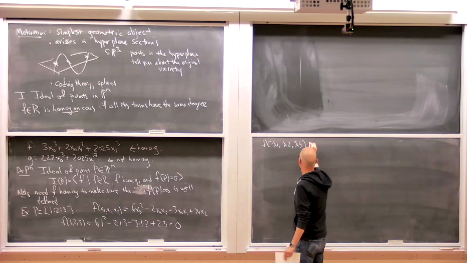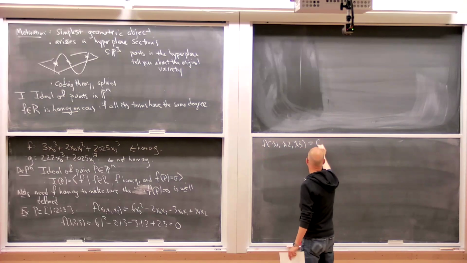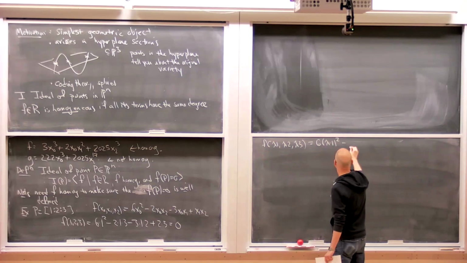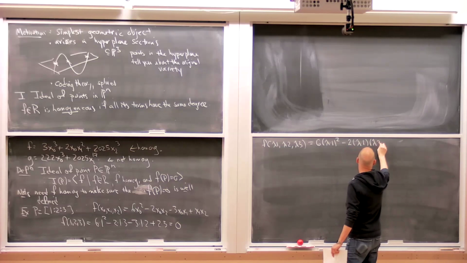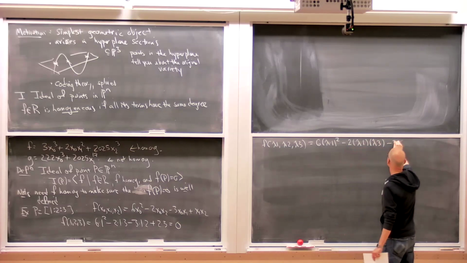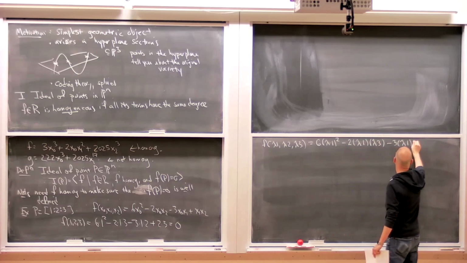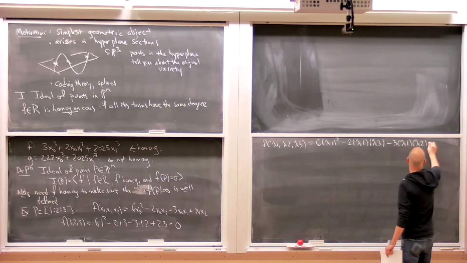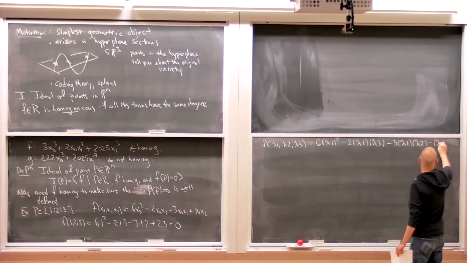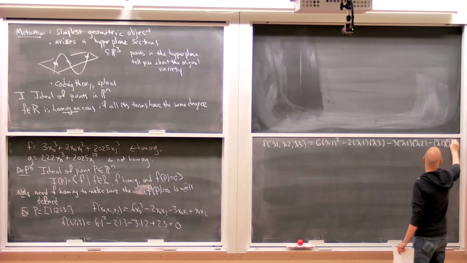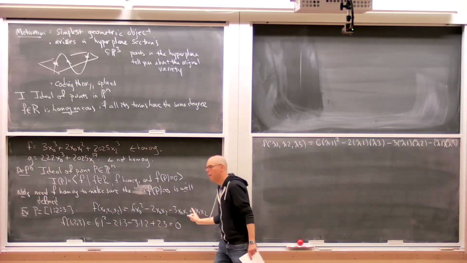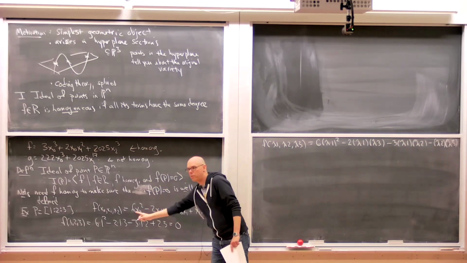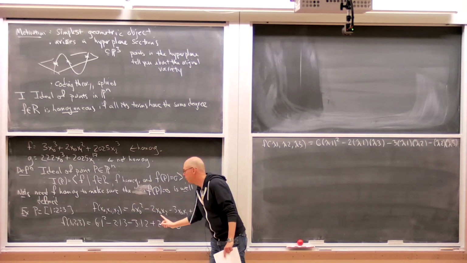You get 6 lambda times 1 squared minus 2 times lambda times 1 times lambda times 3 minus 3 lambda 1 lambda 2, plus lambda 2 times lambda 3. Part of the homogeneous definition, which I think Fred referred to, is that you can pull out the scalar multiple.